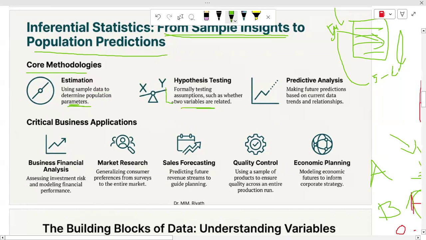I want to do research on the time spent on YouTube and academic performance, GPA. There is a positive relationship between the amount of time spent on YouTube and academic performance.